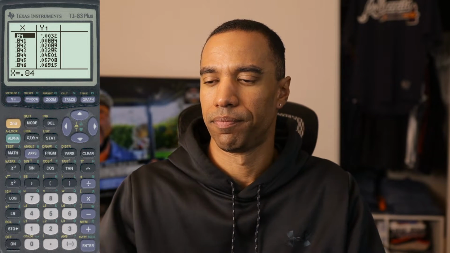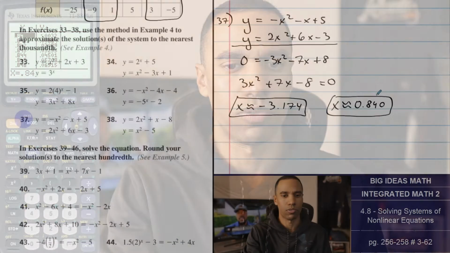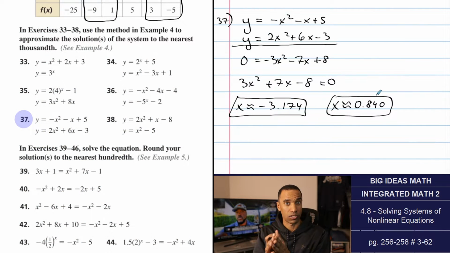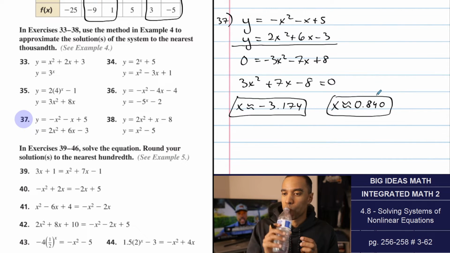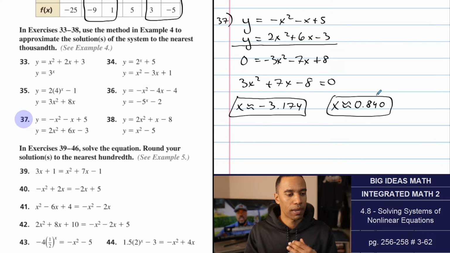And 0.008 versus 0.003. So 0.840. That's the closer x there. And I want to write that third decimal place of 0 just to bury the hatchet and say precisely I was actually closer to the 0 than I was to a 1. Okay, and then the last one from this set, number 38.